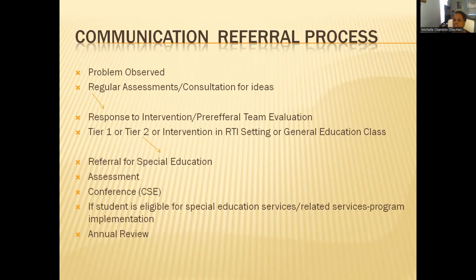So there are some students whose needs cannot be met with 15 students in the room. So you sometimes will see students who are in a class 9 to 1 to 2. So that might be 9 students, 1 teacher, 2 aides.